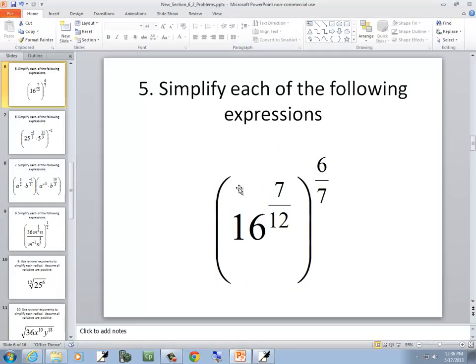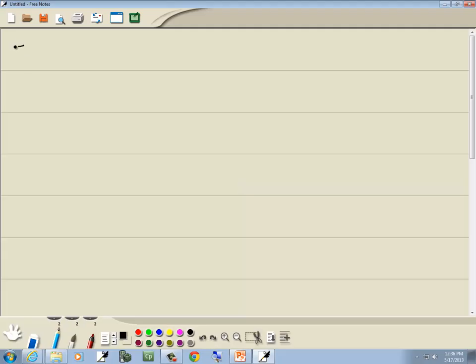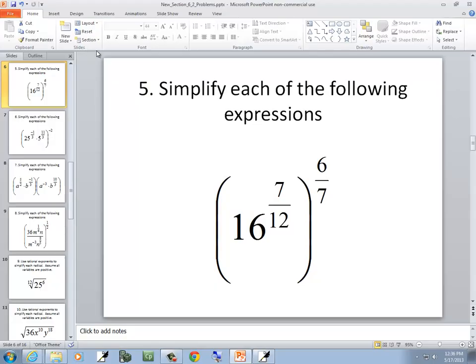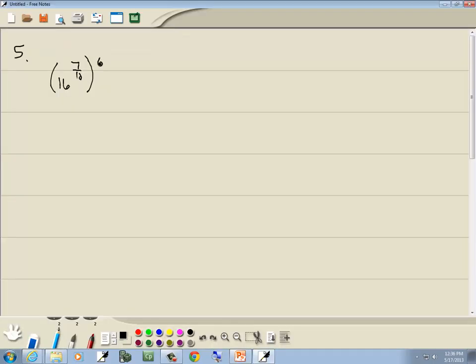Let's look at our fifth one. We got 16 to the 7/12 raised to the 6/7. Now remember before we said that if you're raising one exponent to another exponent, you multiply the exponents together. And that's what we'll do here.